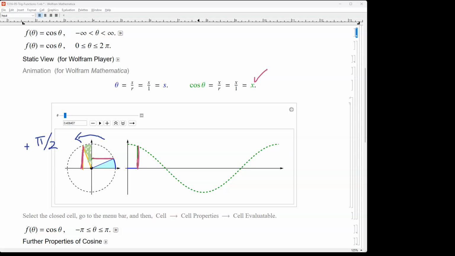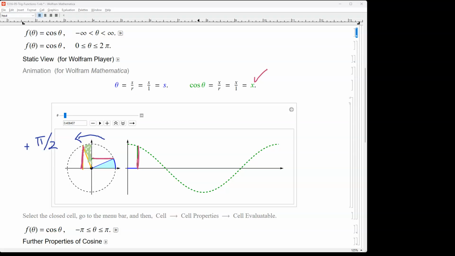So if you take this pi/2 rotation, then this horizontal x, which gives you cosine, will precisely match this vertical y, that'll give you sine. So if you just take 90-degree rotation, cosine becomes sine.